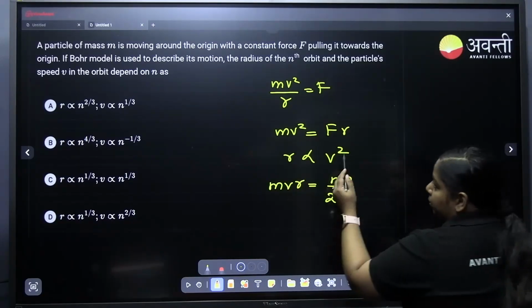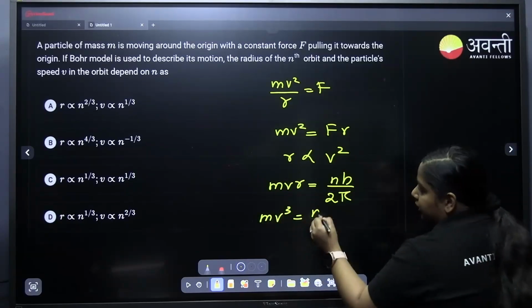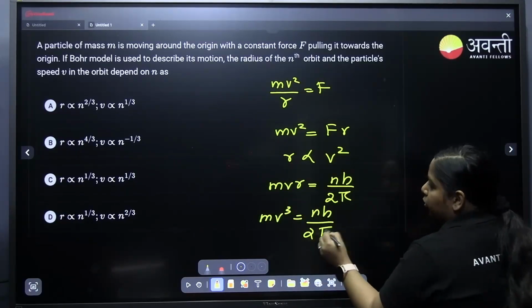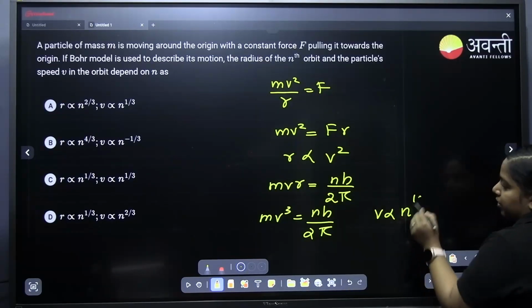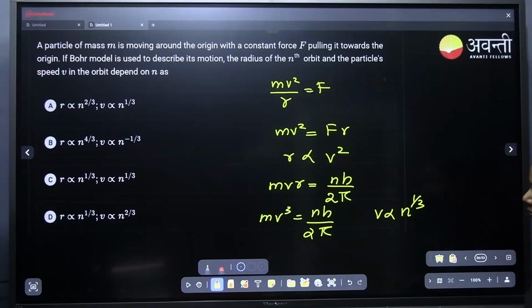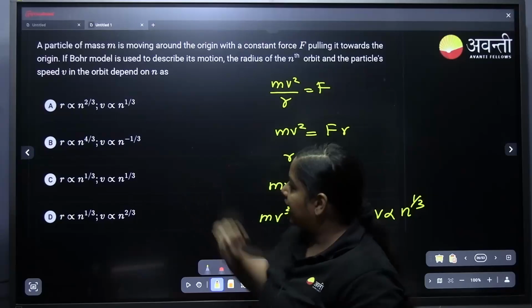Since r is proportional to v square, we can write this as mv cube equal to nh by 2 pi, which means v is proportional to n to the power 1 by 3. So the options are A and C.